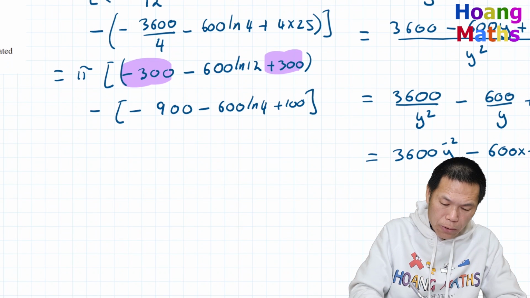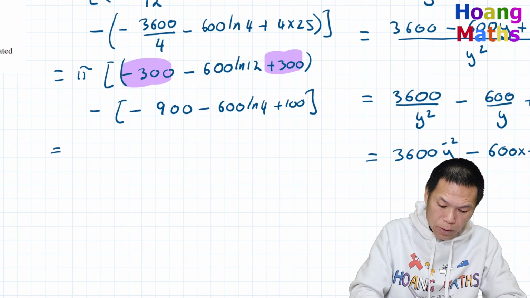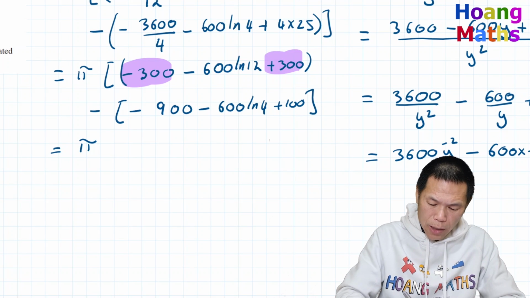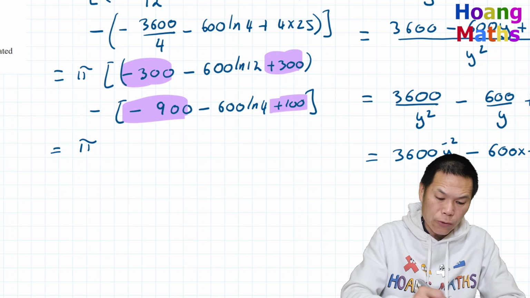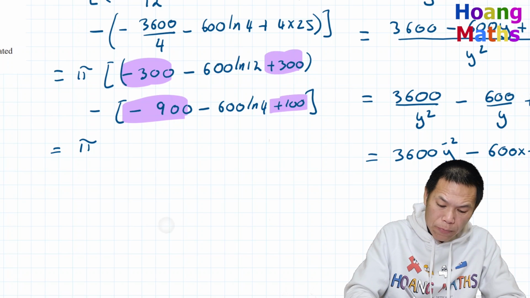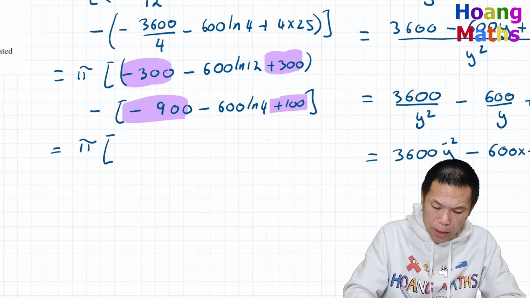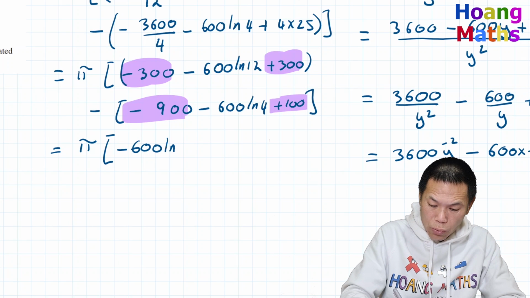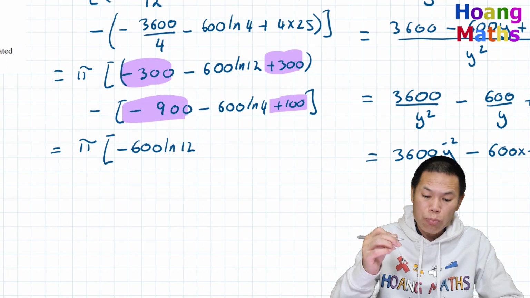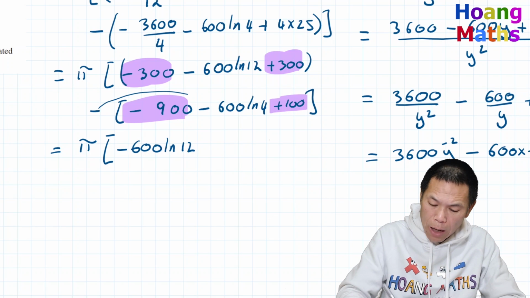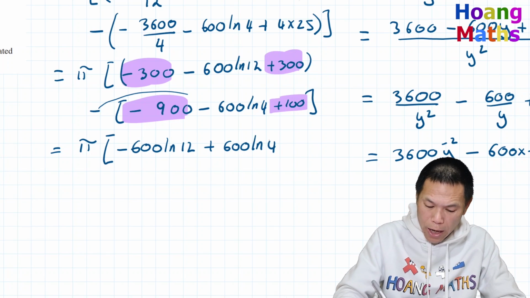So that is equal to pi, and these together give me -800. So let me write this down. That becomes -600 ln 12. Let me remove the bracket first. So this becomes plus 600 ln 4, and then -800 becomes plus 800.